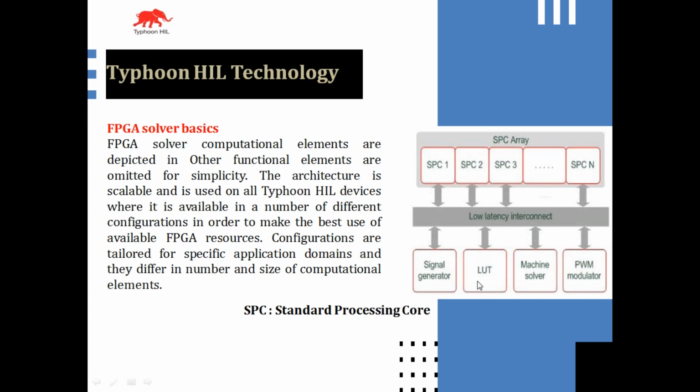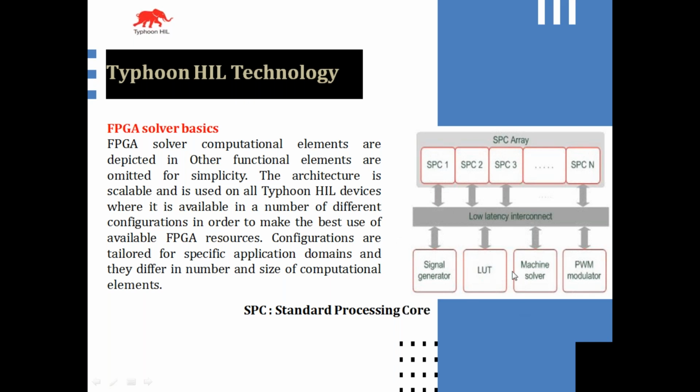The lookup table is a unit to simulate the behavior of non-linear elements such as the PV panel, battery, and saturable transformer. How many you can use again depends on the configuration you are using.